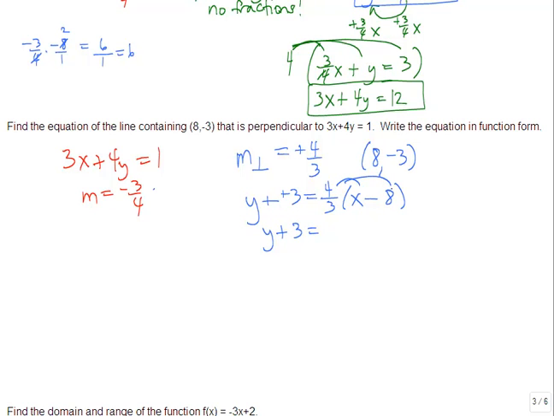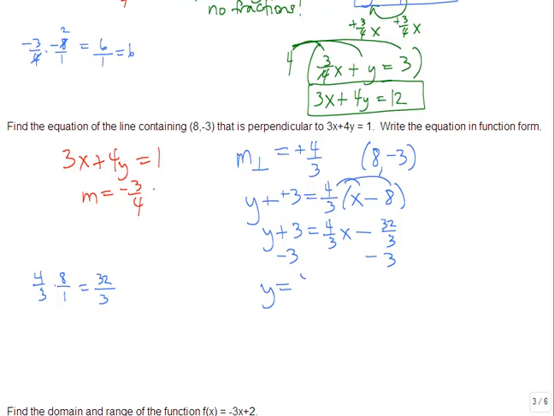And if I distribute the 4/3 across, I get 4/3 times x minus 4/3 times 8, or 8/1. Nothing in the denominator reduces into anything in the numerator. So I'm just going to do top times top over bottom times bottom. So that's 32/3. And then to finish it off, I'm going to subtract 3.